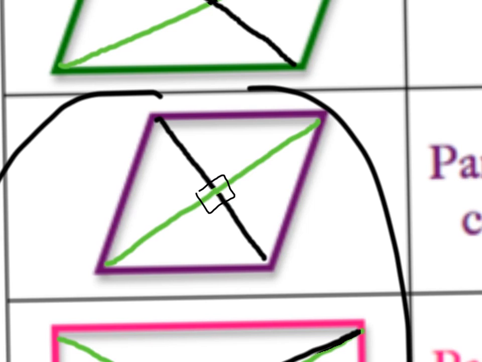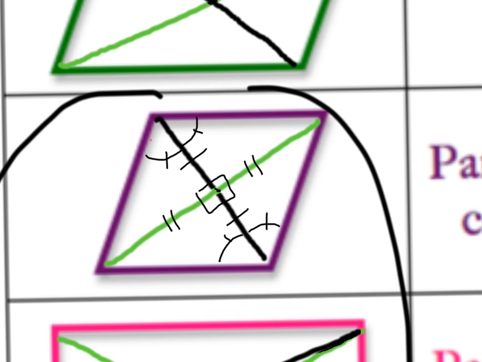Also, the diagonals bisect each other, where that point in the middle is the midpoint of both diagonals. Other things that happen to be true: this angle here is identical to this angle here. The diagonals are angle bisectors. And then also these are the same. And if you know one angle in a rhombus, or even half of an angle, you can get all the rest.